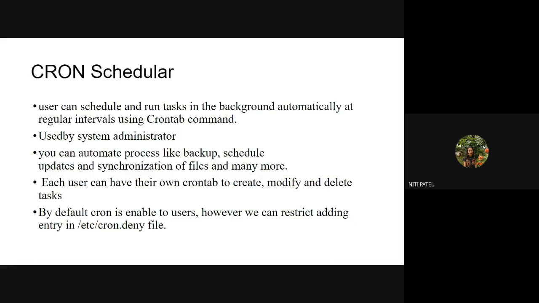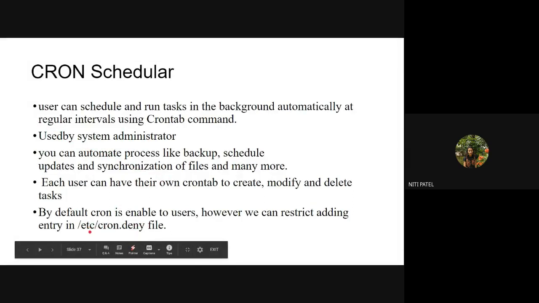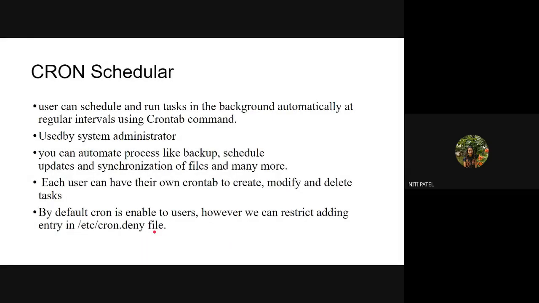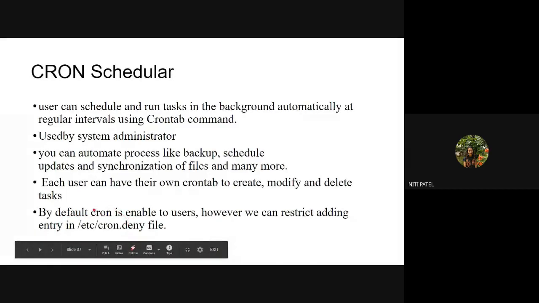But whenever I am transferring this ownership, what is happening? Whatever Smith as a user does, the entry of that will not be made in this file. What is that file? The /etc/cron.deny file. Whatever Smith does, every entry of that will not be made in this file, whereas if I am an administrator, whatever I do, each and every entry will be made into this file.